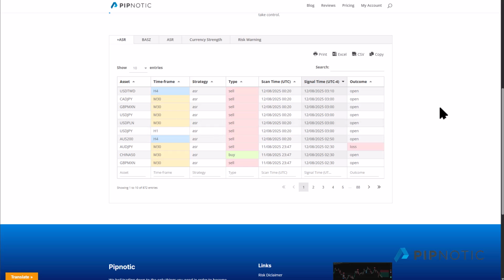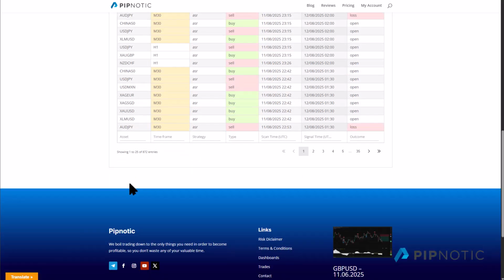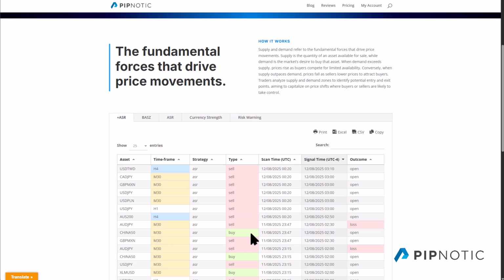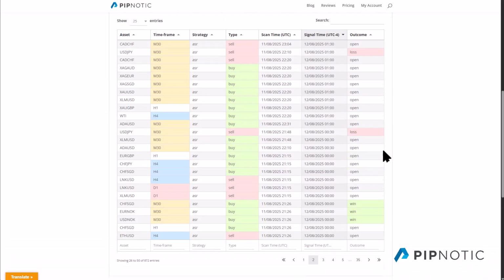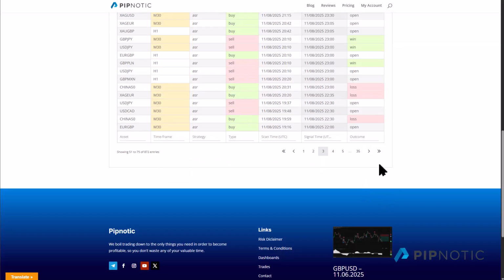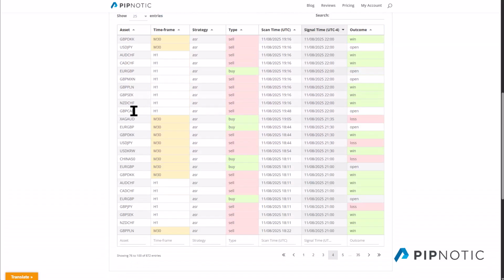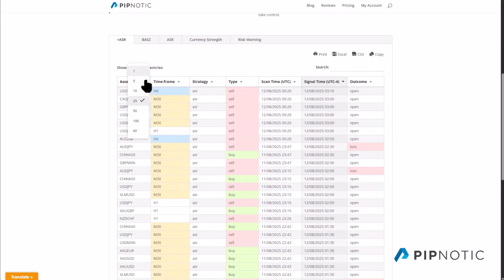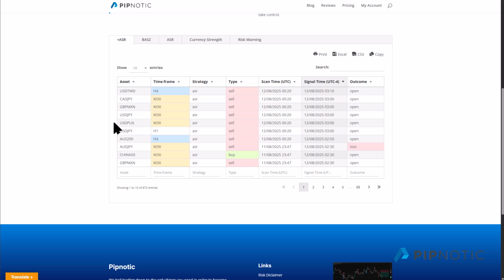It downloads a bunch of data, as you can see. There are so many different assets that it's looking at now. It's scanning tons and tons of stuff. What it's doing is downloading the data, analyzing it, and then looking for signals.